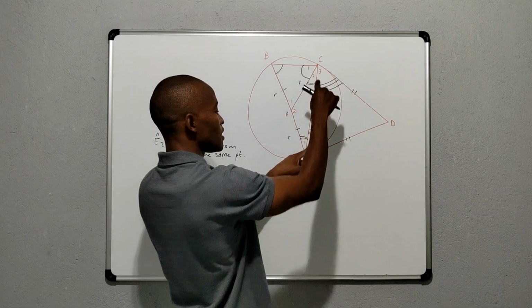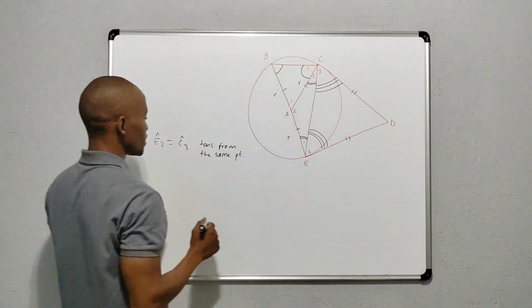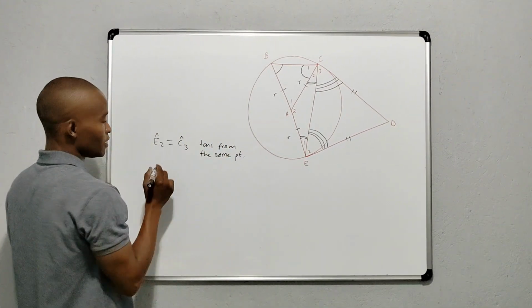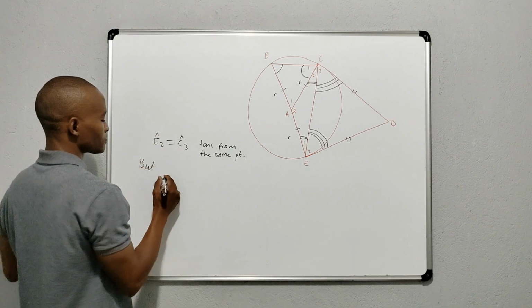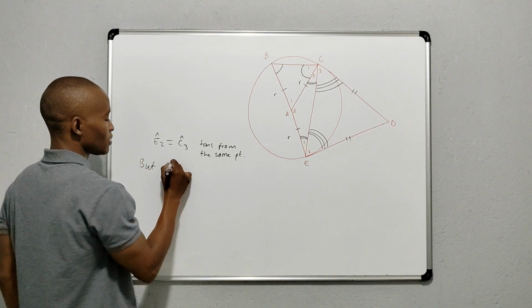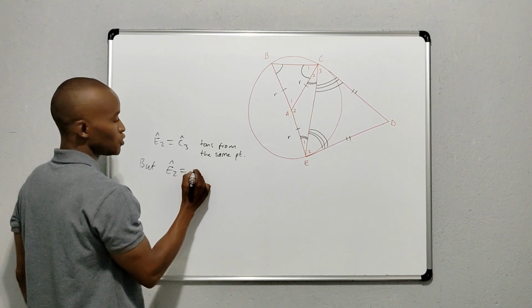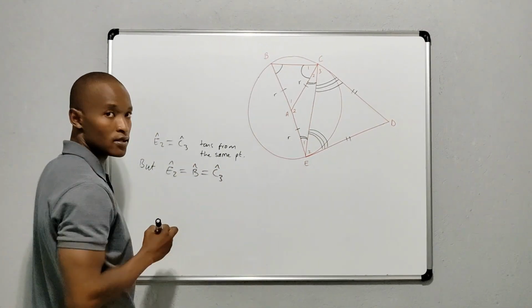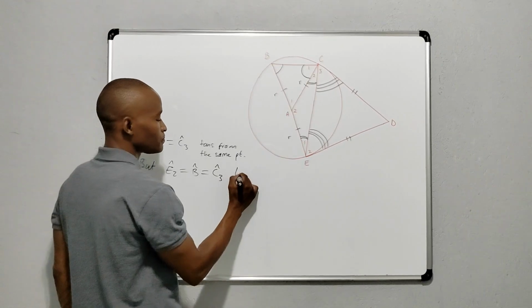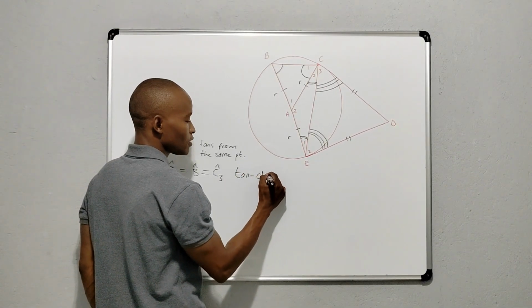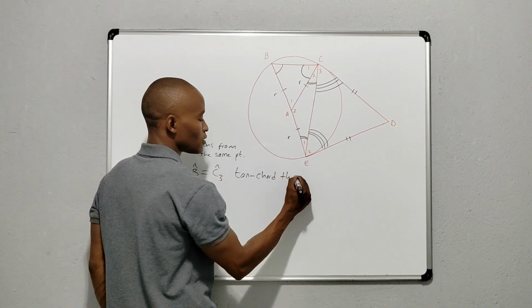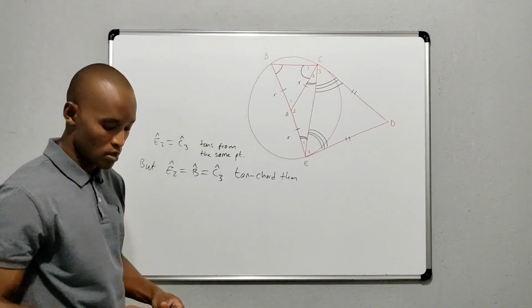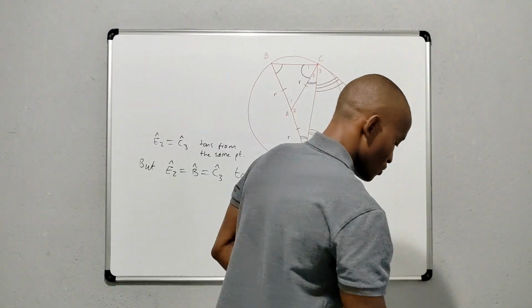So C3 and E2, now we connect them to B. Angle E2 is equal to angle B. This is also equal to angle C3, by the tan chord theorem.